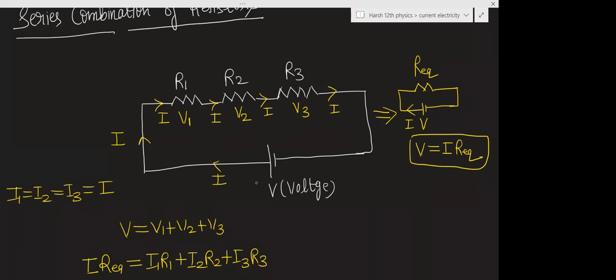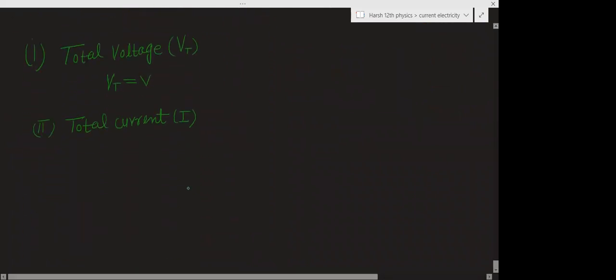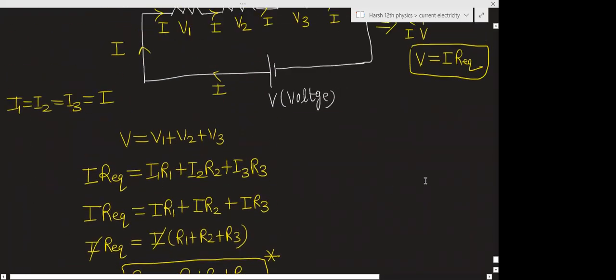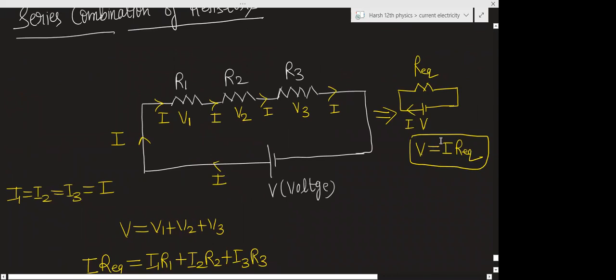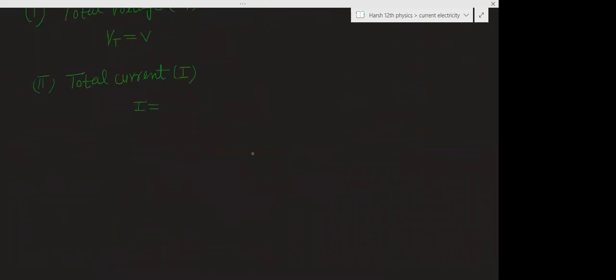I is equal to V divided by R equivalent. I is equal to I1 plus I2 plus I3, but according to this you can write I is equal to V divided by R equivalent.